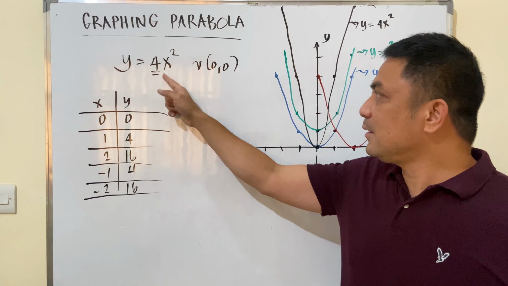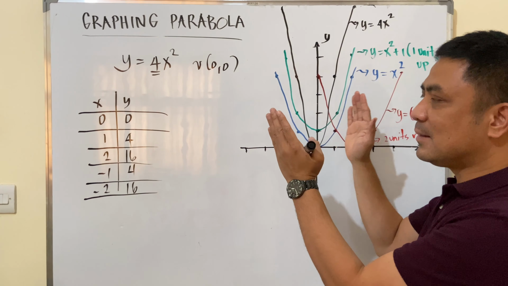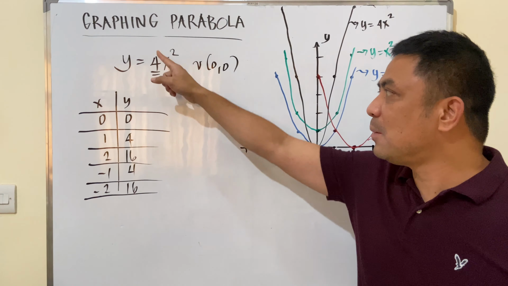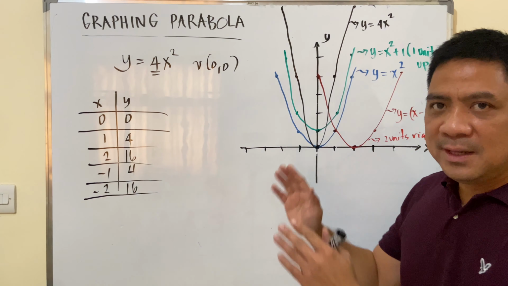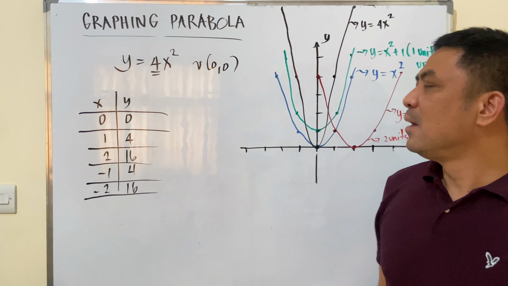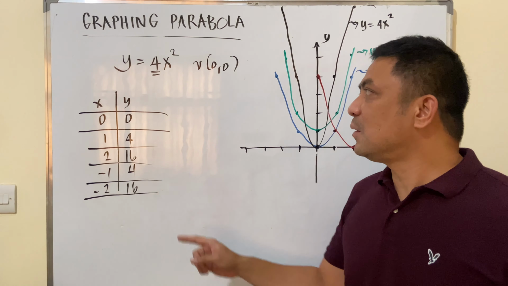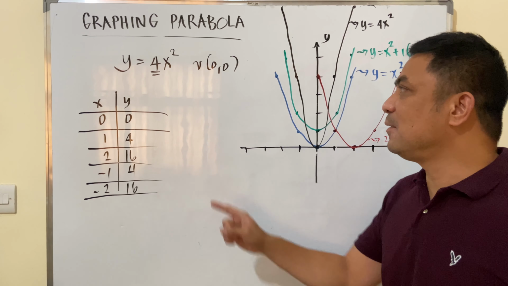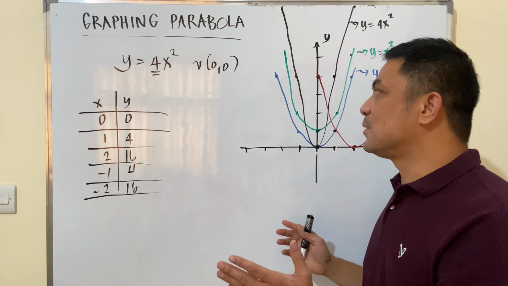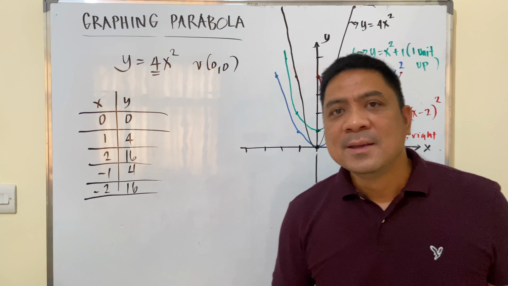If you put a smaller value here, for example 1/4, your graph will get wider, because it makes your y values smaller and your x value relatively higher. So that makes your graph wider.